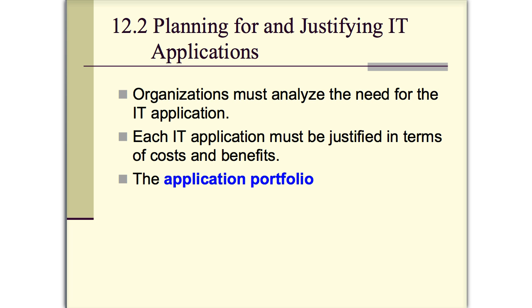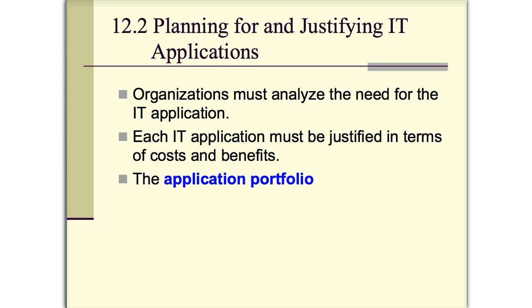And most organizations have something like an application portfolio. What they call it is probably going to be different from one organization to another, but it's going to be a collection of projects and applications that they have within the organization. So what do we actually have right now, and what are some of the potential applications that we have our eye on?